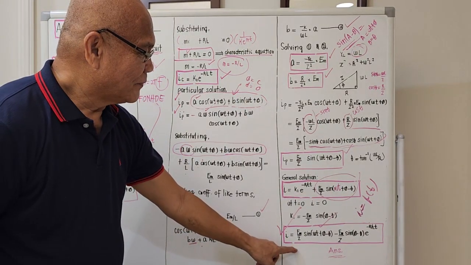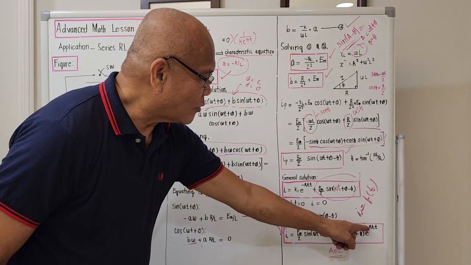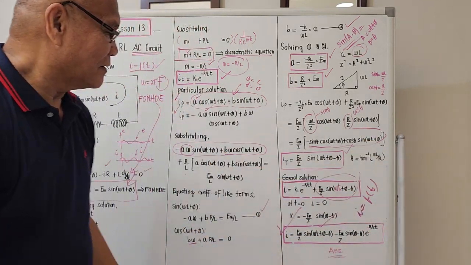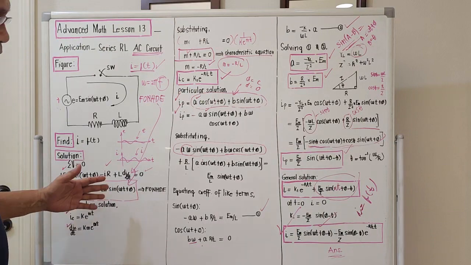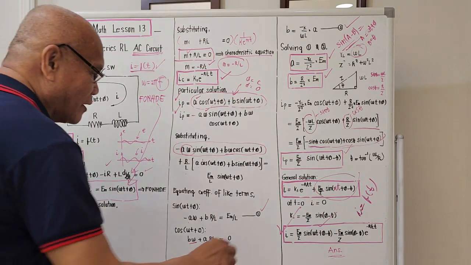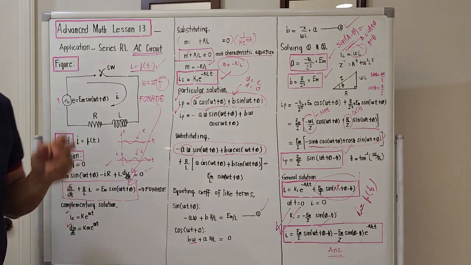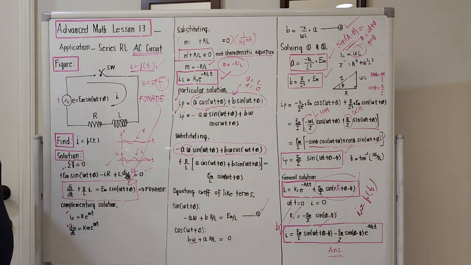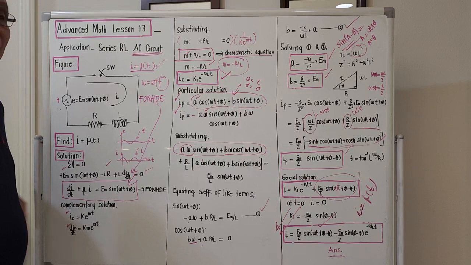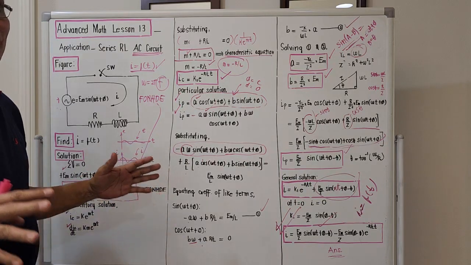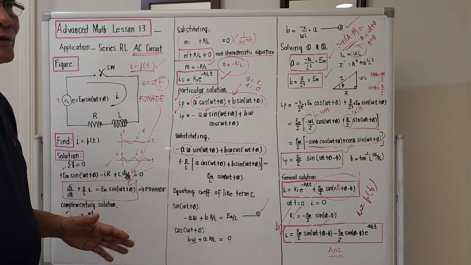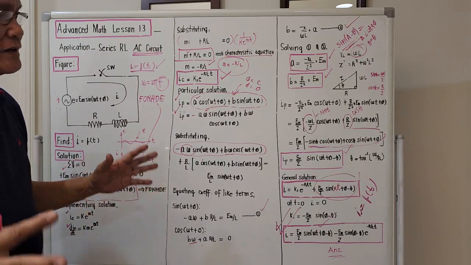And the ratio R over L is still given, right? So the current as a function of time is this formula here. It's a little bit long, so that's why our subject matter is advanced mathematics. So for those who are taking up advanced mathematics in relation to transient circuits, this is for you.